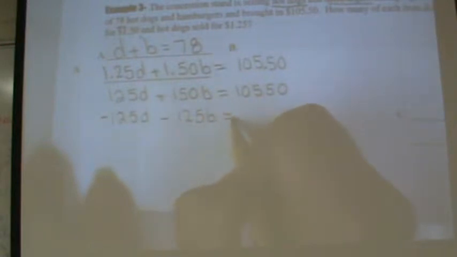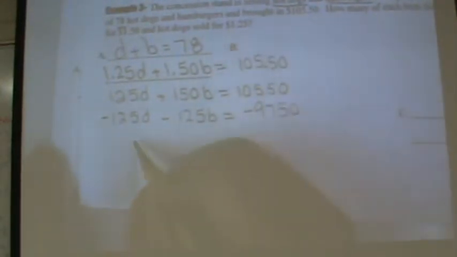So you get negative 125D minus 125B equals, what's negative 125 times 78? Negative 9,750. Where are we getting it?